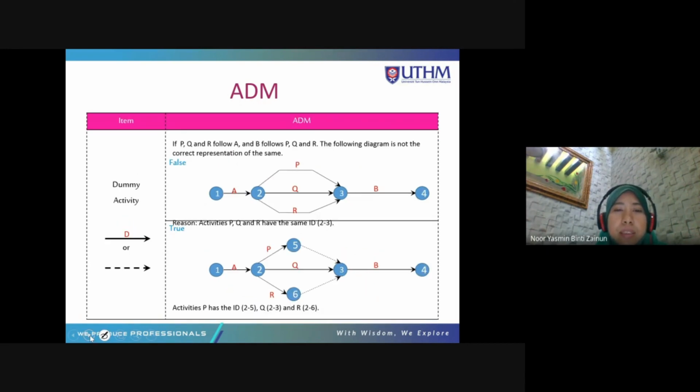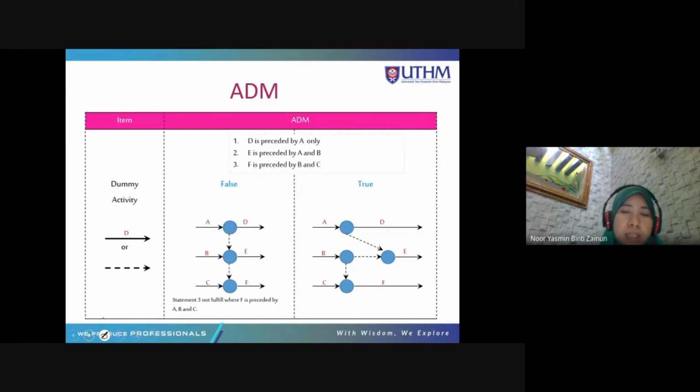Alright. So same here. That's why you need to create one more dummy, because you cannot have 3 activities, P, Q, R, 3 activities coming out and in at one node. Okay, there must be 3 dummies. There must be a dummy to show the relationship. So this is an example of writing up the dummy.